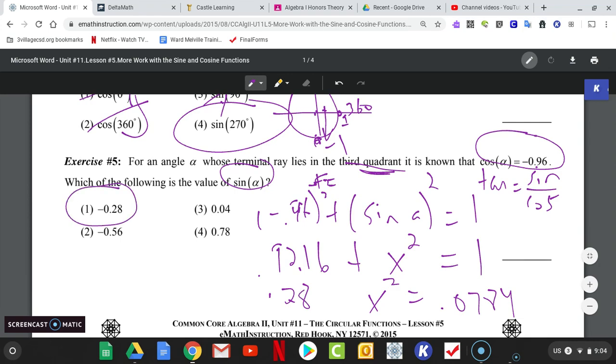Well, it's negative because it's in the third quadrant. And in the third quadrant, all students take calculus. Sine is only positive in the first and second quadrant. It's negative in the third and fourth quadrant. So they said it's in the third quadrant, therefore it's negative. You gotta be careful about that.